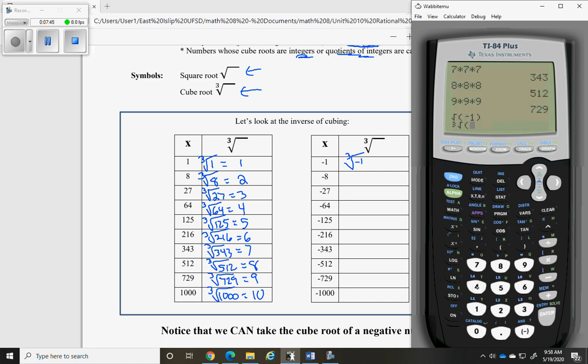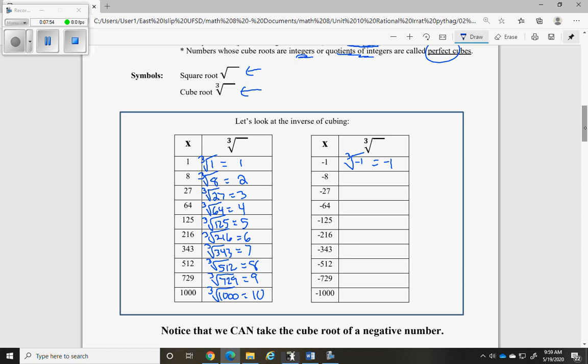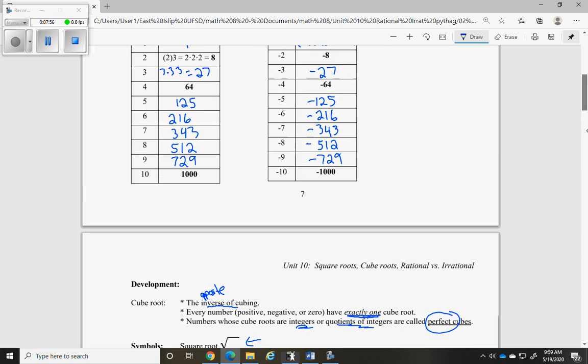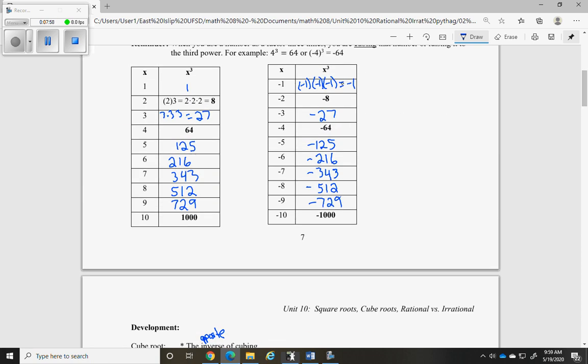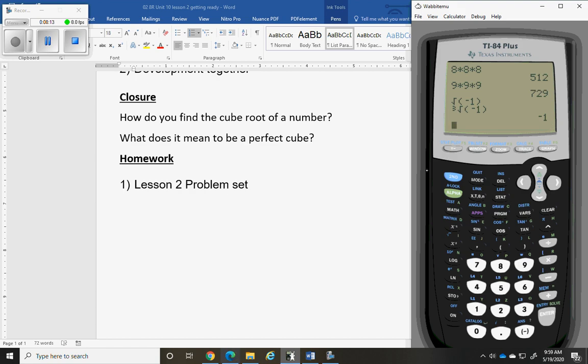If I do the cube root of negative 1, I'm not going to get an error message. I get negative 1. And that's because of this list over here. Negative 1 to the third power gives me a negative 1. Right? Negative 2 to the third power gives me a negative 8. So I know that the cube root of negative 8 is negative 2.